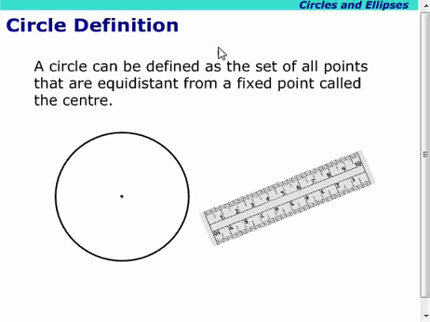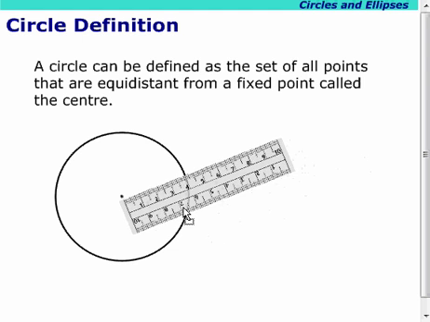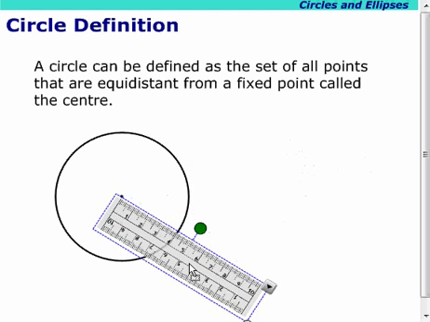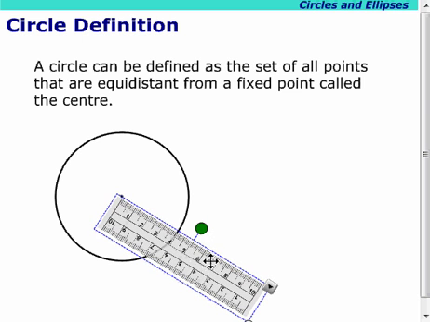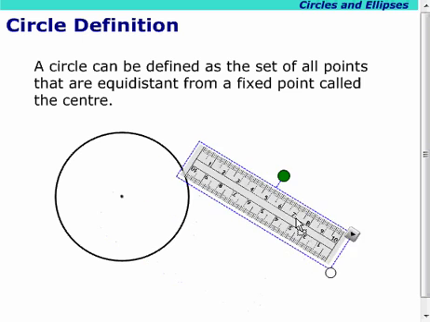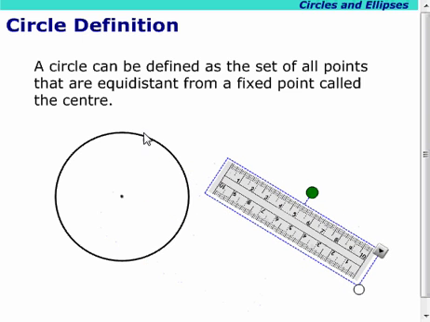So, to define a circle, and this may be a definition you've heard before, a circle can be defined as a set of all points such that they are all equidistant from a fixed point called the center. So if I take a look anywhere around that circle, I should be able to see that the radius looks consistently to be about 4.